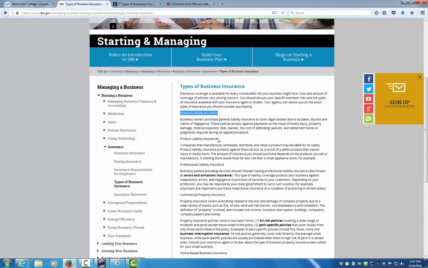The second one is product liability. Now this would only apply if you're selling a product. If you're a service oriented business, you wouldn't need to worry about that. But if you manufacture, wholesale, distribute, and retail any products that you may be liable for the safety of, then a product liability insurance policy would be needed.